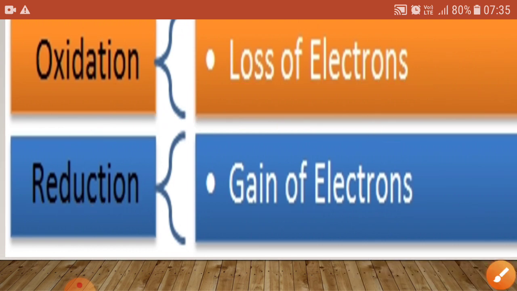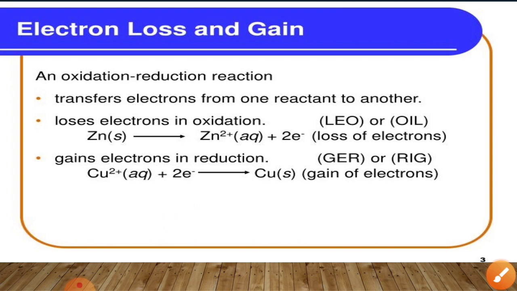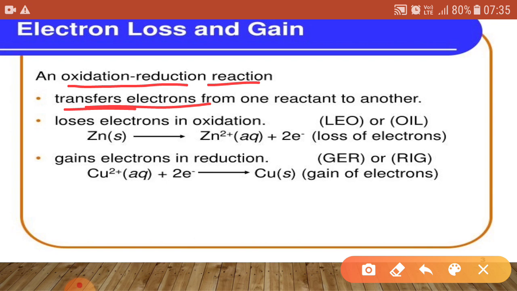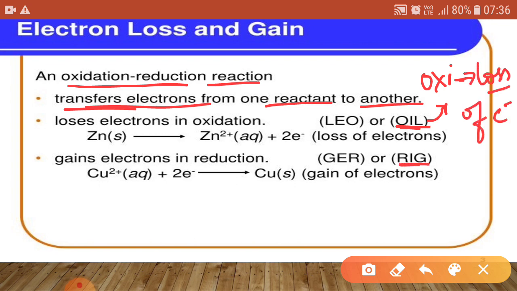Now come to the summary of this electronic concept. In an oxidation-reduction reaction, there is a transfer of electrons from one reactant to another, and we can summarize this as OIL RIG. OIL means oxidation is loss of electrons, and RIG means reduction is gain of electrons.